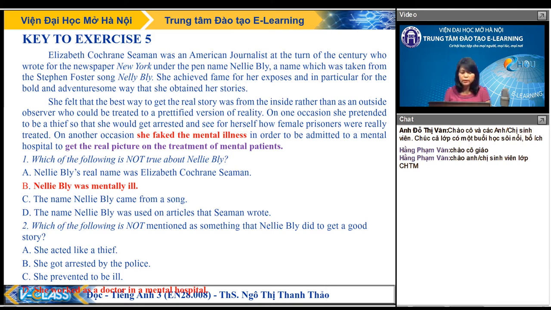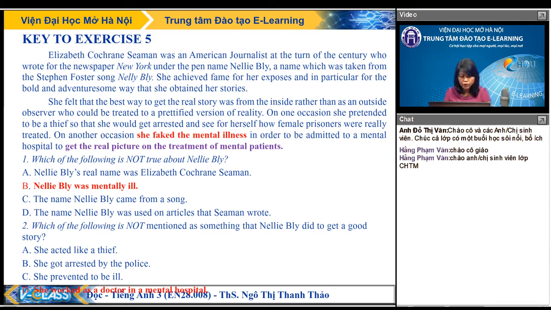What about number 2? Which of the following is not mentioned as something that Nellie Bly did to get a good story? Not mentioned, right? She worked as a doctor in a mental hospital. She didn't work in a mental hospital.